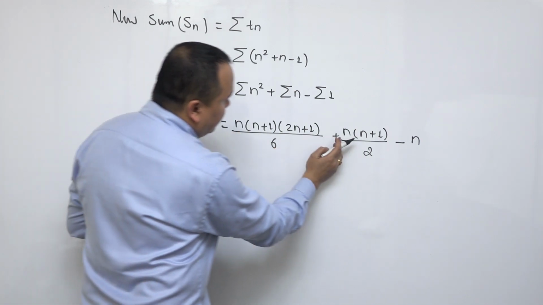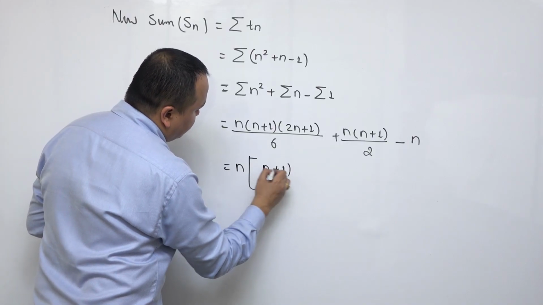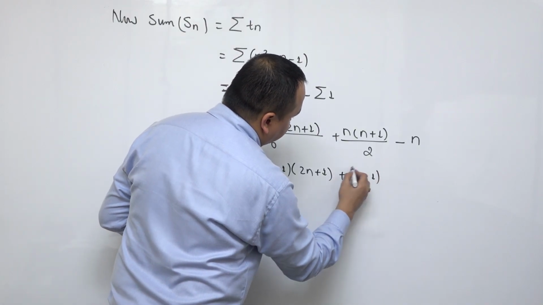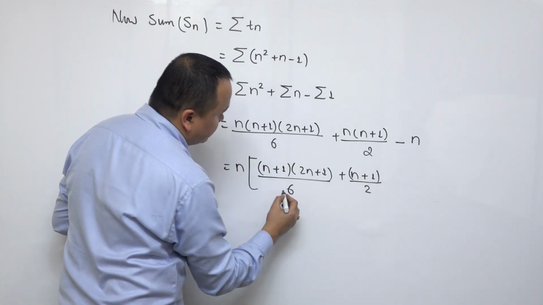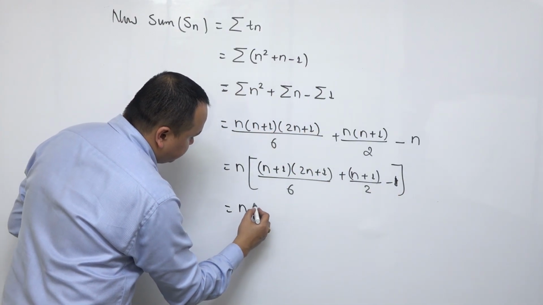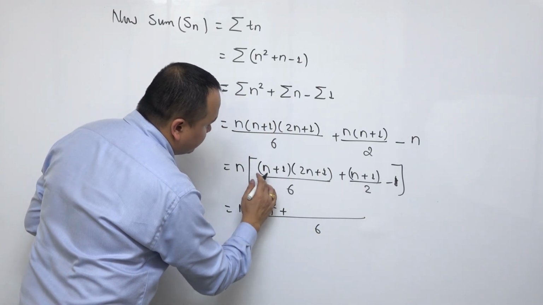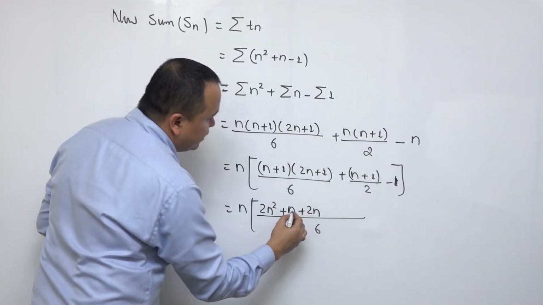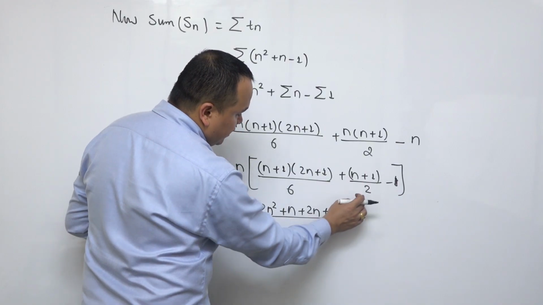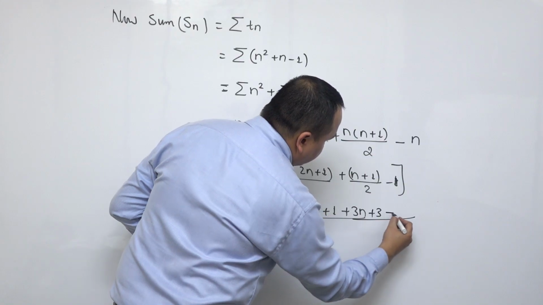Now here n is common. n times, n plus 1 times 2n plus 1 divided by 6, plus n plus 1 divided by 2, minus 1. Now LCM is 6. 2n square plus n plus 2n plus 1, plus 3n plus 3, minus 6.